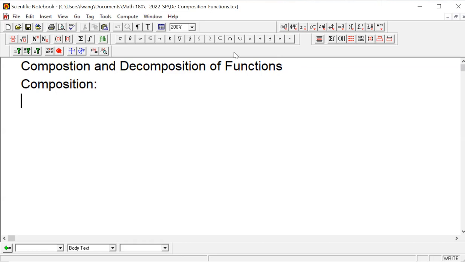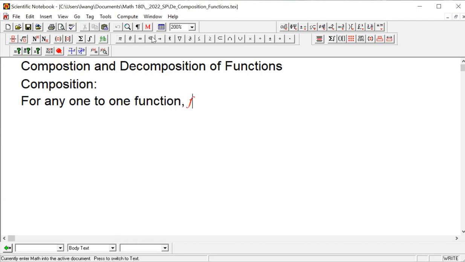For example, for any one-to-one function f and its inverse, f inverse, we know that we have very useful properties.